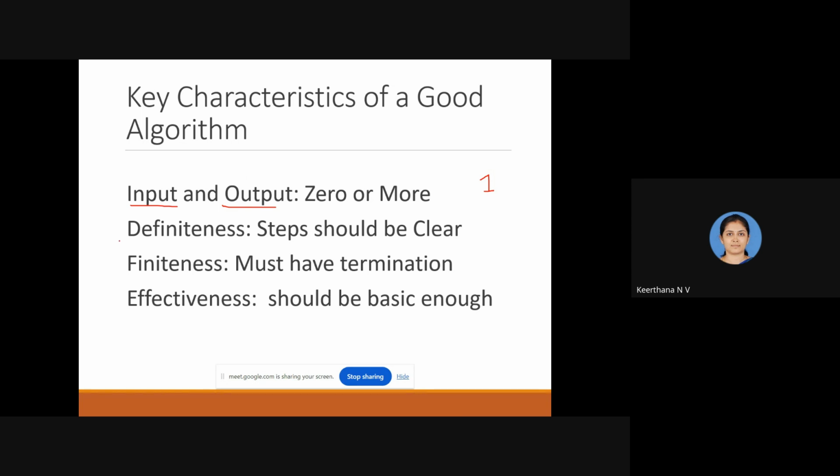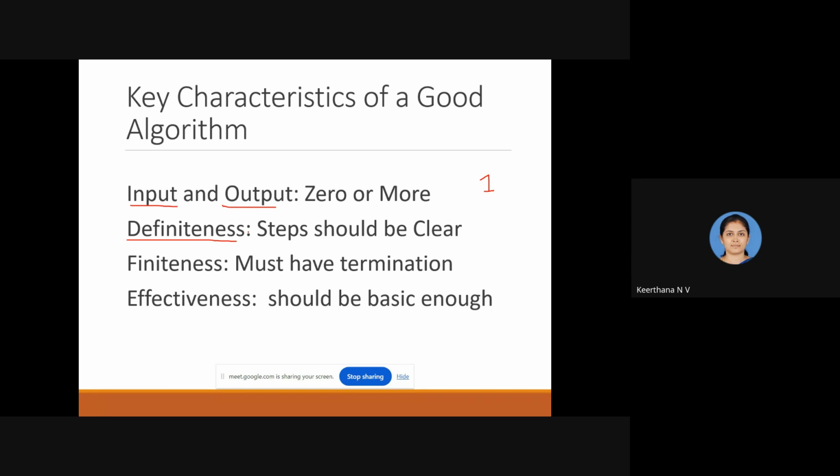Next one is definiteness. It means that your algorithm steps should be very clear and unique. It should be understandable by every programmer who is writing the code. Not every person in an organization will write an algorithm.